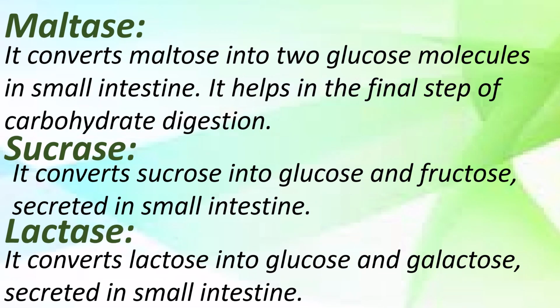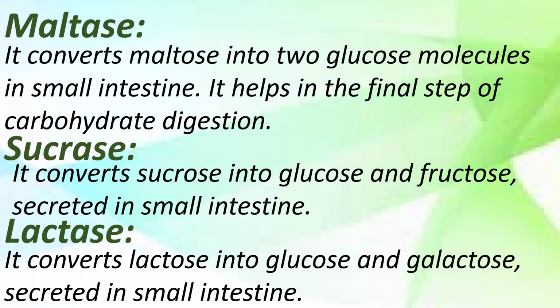Maltase, another enzyme, as the name indicates, is involved in maltose digestion. It converts maltose into two glucose molecules in the small intestine. It helps in the final step of carbohydrate digestion. So maltase's substrate is maltose.